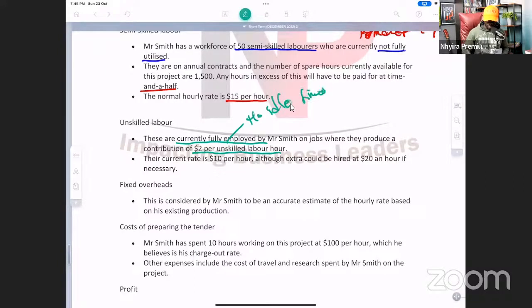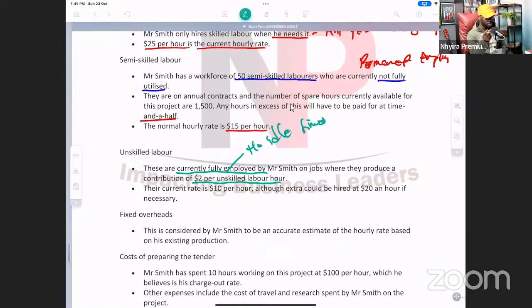Unlike the semi-skilled labor who were having idle time, hence we just focus on the extra hours. These guys are fully employed. There's no idle time available. Their current rate is $10 per hour, although extra could be hired at $20 an hour if necessary.